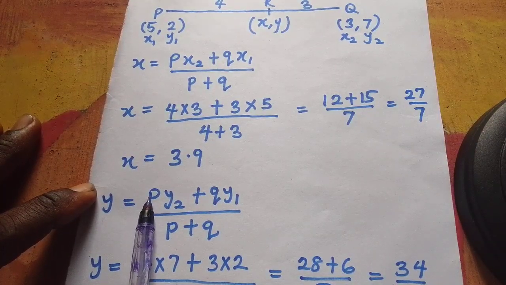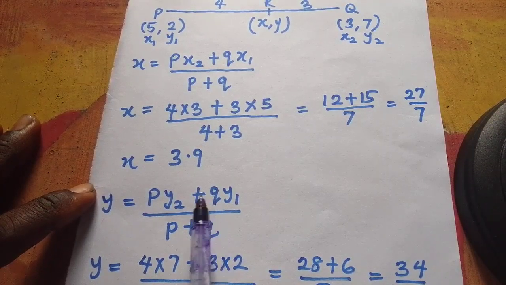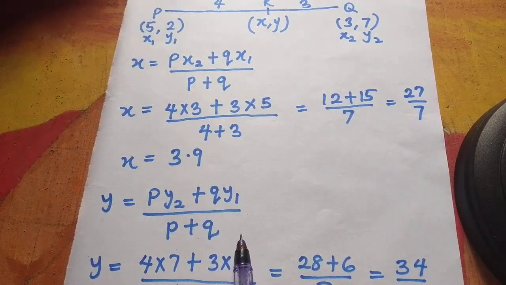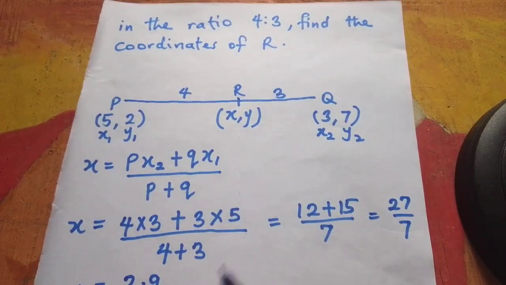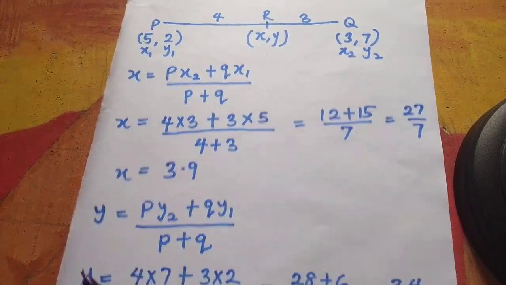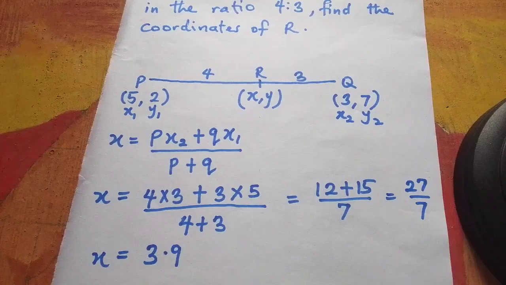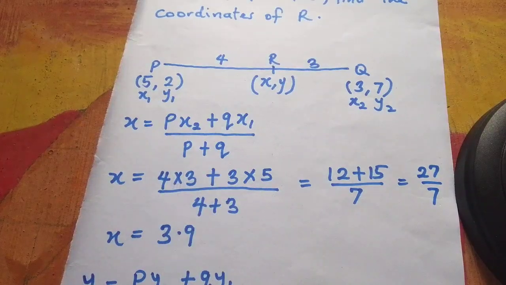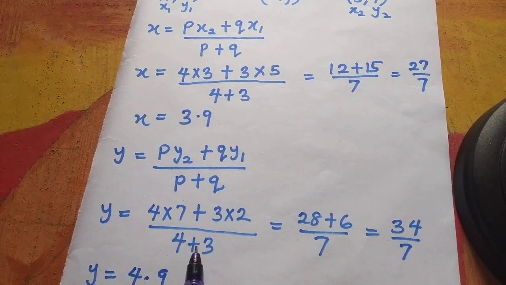P represents the first ratio, which is 4, and Q represents the second ratio, which is 3. So 4 times our y2, which is 7, plus our Q, the second ratio 3, times our y1, which is 2, all over the addition of the two ratios, 4 plus 3.